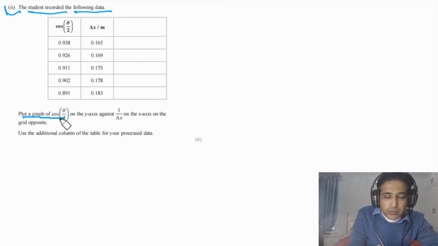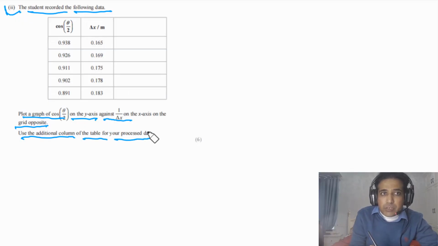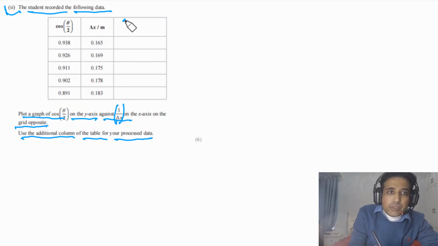Plot a graph of cosine theta by 2 on the y-axis against 1 over delta x on the x-axis on the grid opposite. Use the additional column of the table for your processed data. So we need to sketch a graph between cosine theta by 2 and 1 over delta x. In this column we have to write down 1 over delta x, and the unit is per meter.